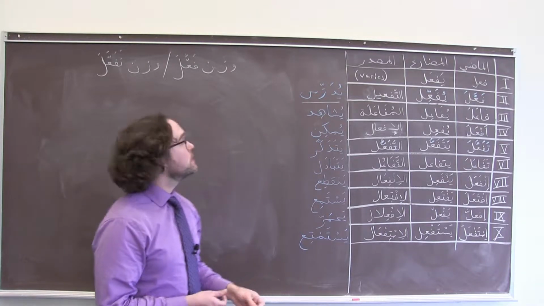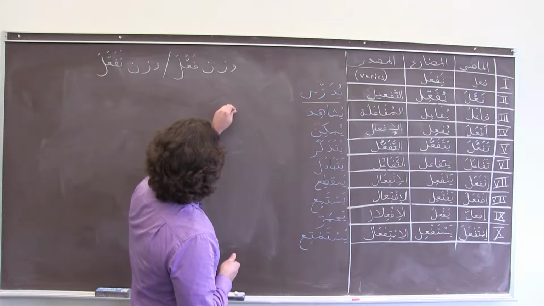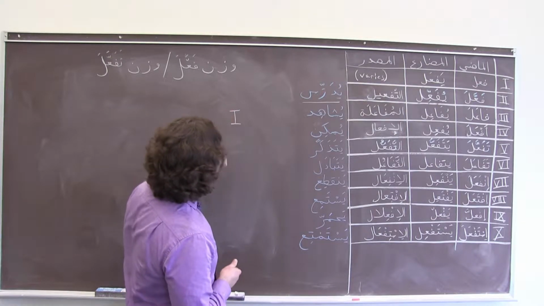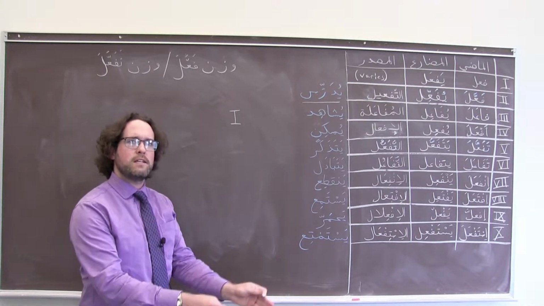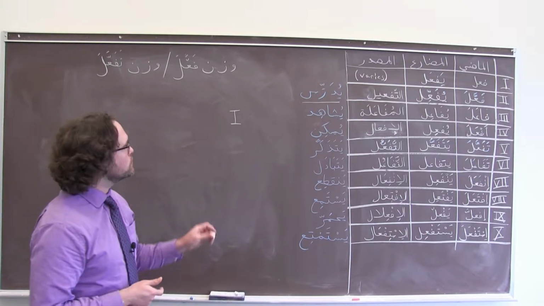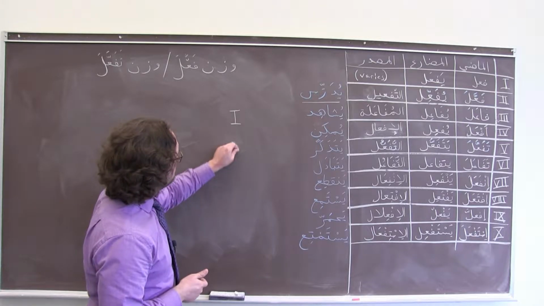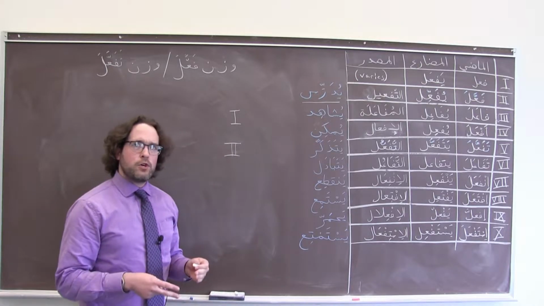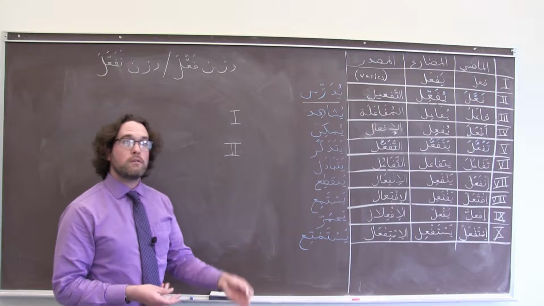yudarris, to teach. And notice that form 2 often has kind of a transitive meaning. It usually takes an object, usually, not always, but usually, and it often has the meaning of to make someone or something do form 1.